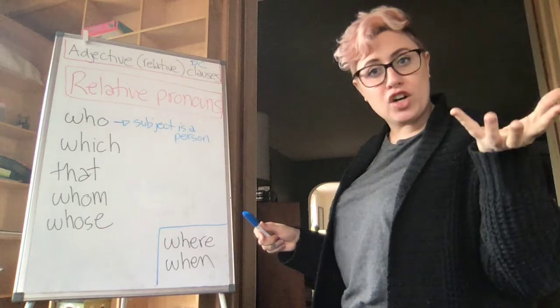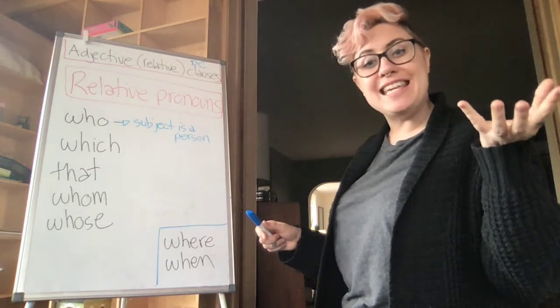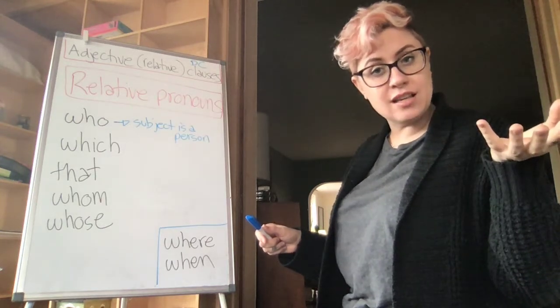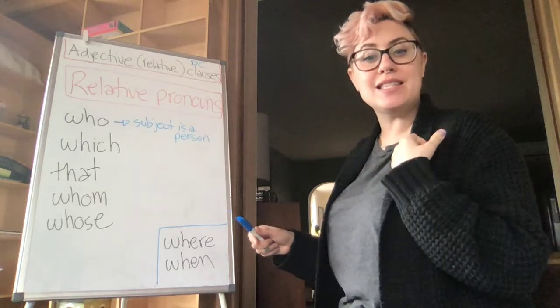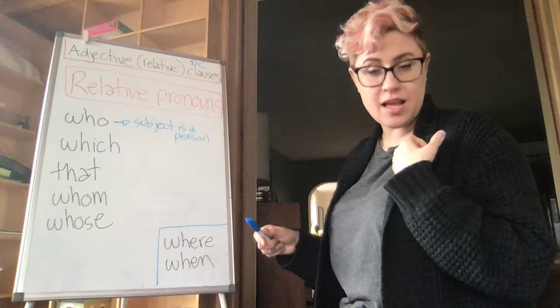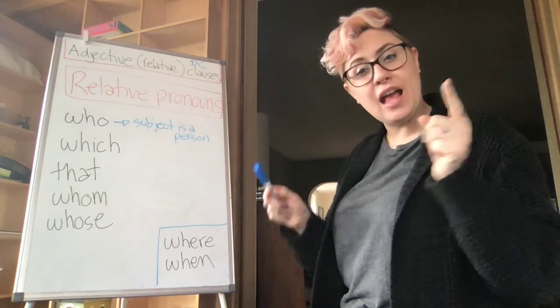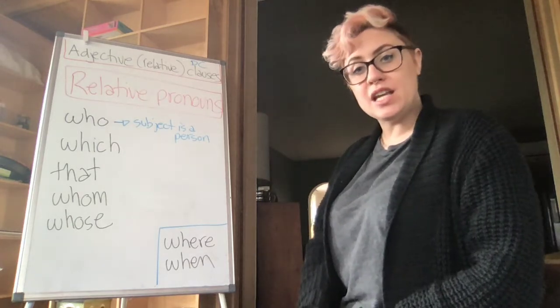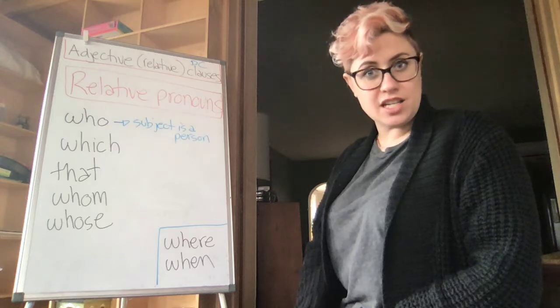And so my brother is the subject of the independent clause, and who is the subject of the adjective clause. But they are the same thing. It's like saying, Justine, she is great at teaching.